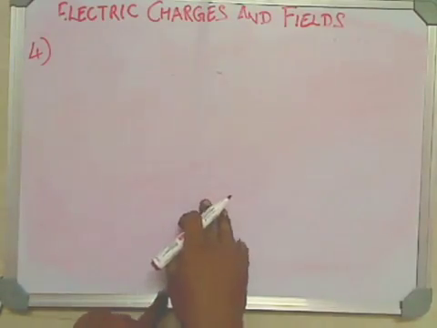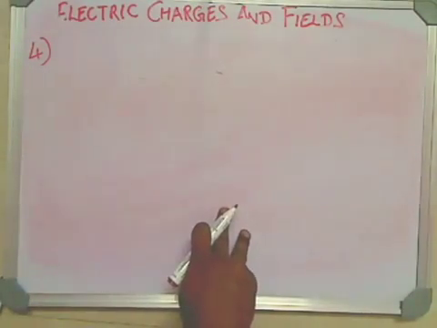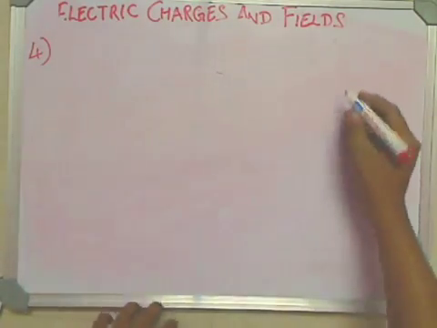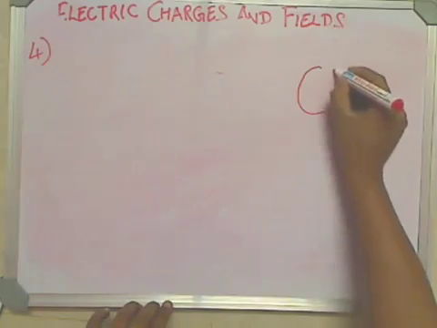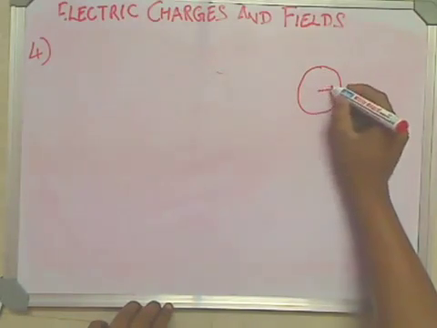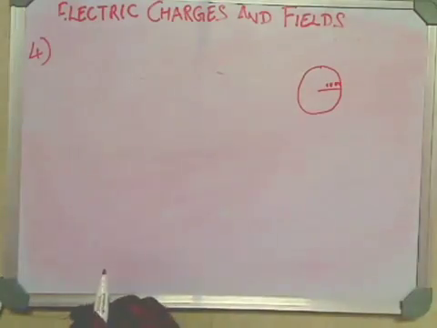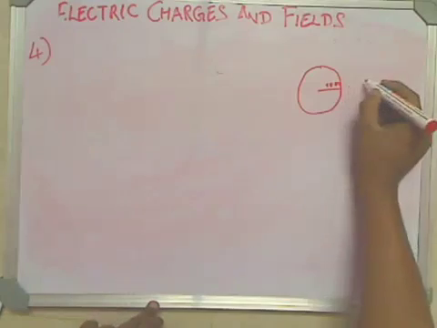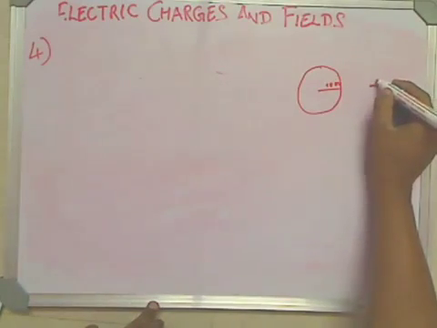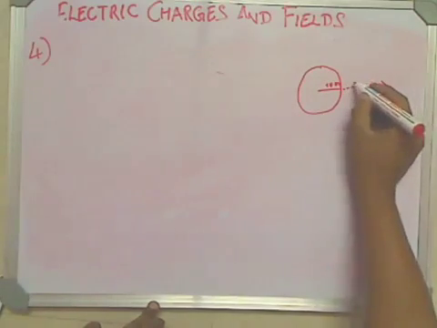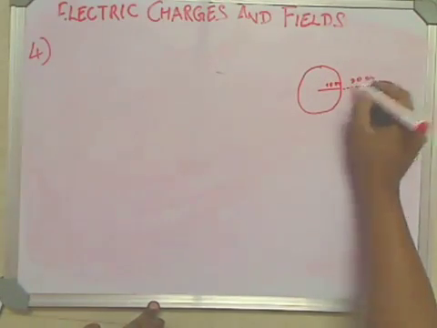Now, when you want to consider this, again I'll read out the data. There is a sphere of radius 10 centimeters. From the point to the center, the radius here is 10 centimeters. The electric field is 20 centimeters from the center. That is, the electric field is somewhere here. From here to here it is 20 centimeters, 10 plus 10.